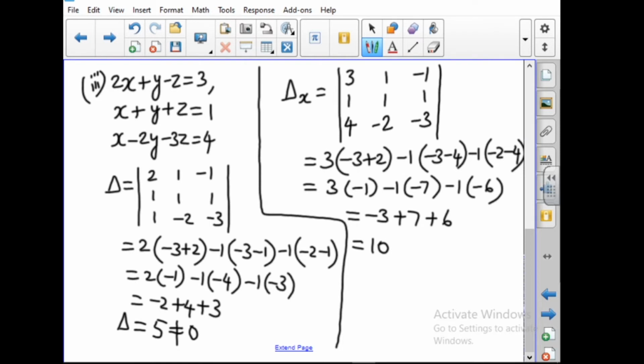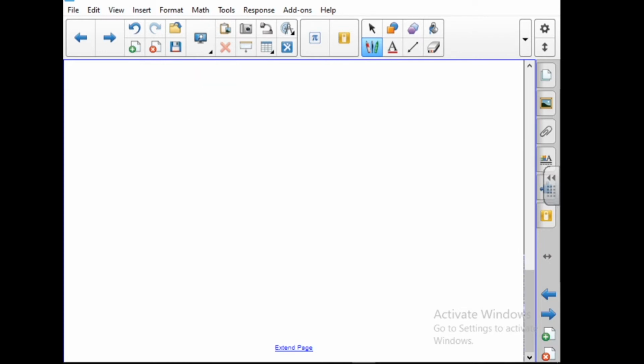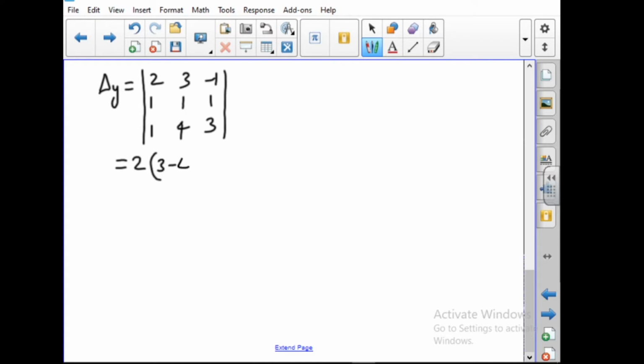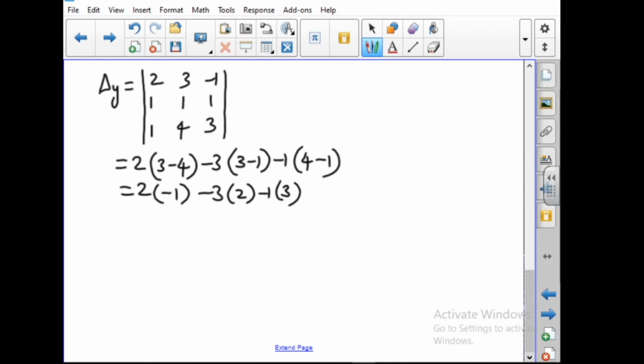Now let us find delta y. For delta y, we have to replace the y coefficients with the constants. So the first line is as it is: 2, 1, 1. Second line, the constants: 3, 1, 4. Third line: minus 1, 1, 3. Okay. So take this determinant: 3 minus 4, minus 3 into 3 minus 1, minus 1 into 4 minus 1. So your answer will be 2 into minus 1, minus 3 into 2, minus 1 into 3. Minus 2, minus 6, minus 3.